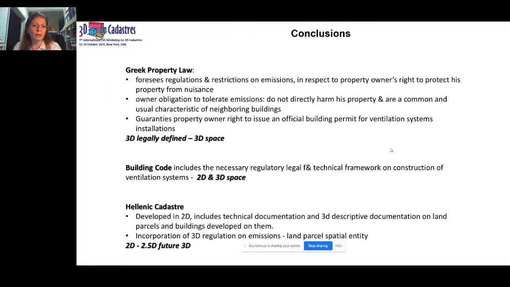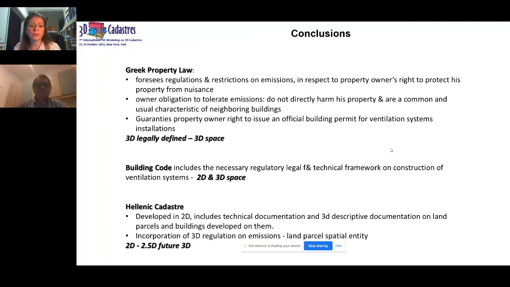Concluding about this work, it's obvious that Greek property law foresees specific regulations and restrictions on environmental protection, on emissions, and on nuisance tolerance and control. And actually, those provisions are 3D legally defined, and this is very important. The building code also gives us a set of rules and regulations that is 2D, but refers also to 3D.